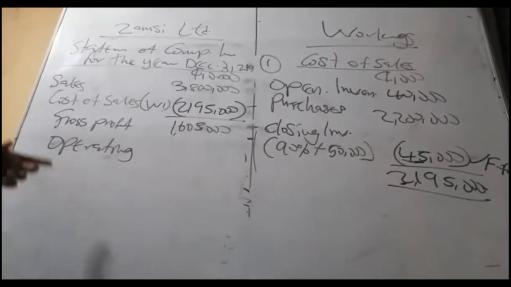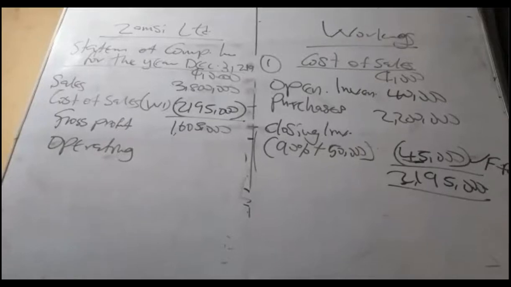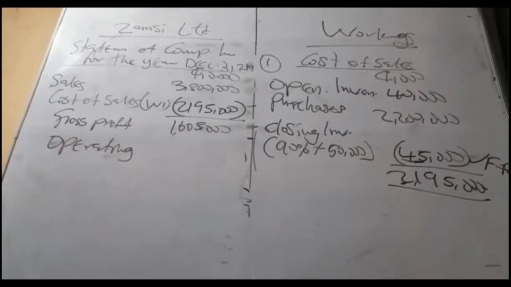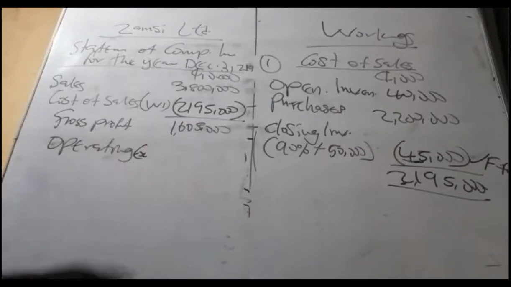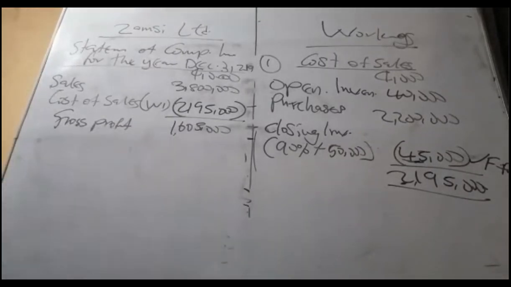If you do admin and distribution separately, sending one figure to admin and another to distribution, you know it's an operating cost, but whether it is classified as distribution or admin is what you don't get. Don't worry yourself. Go and do operating expenses. So that's workings number 2.